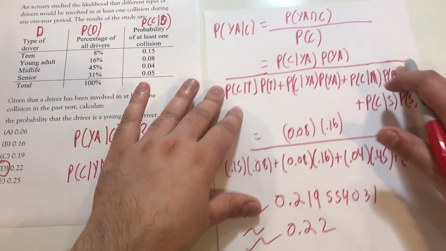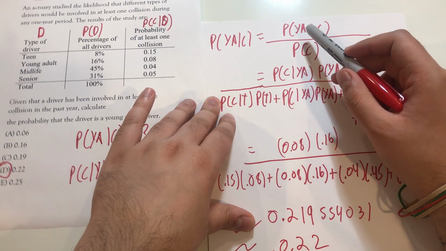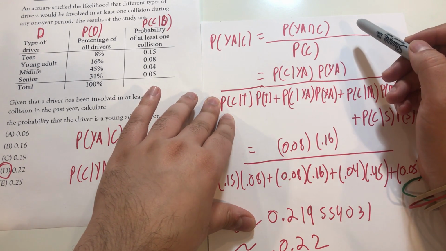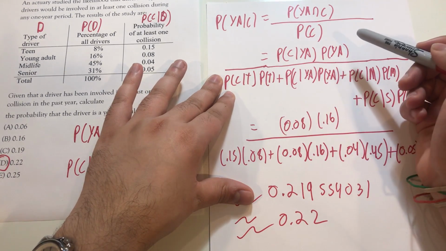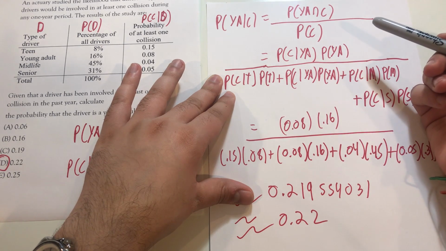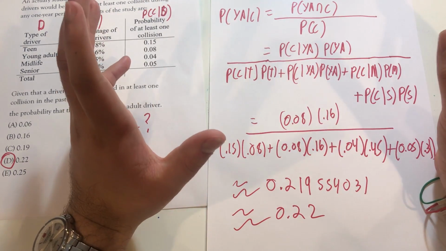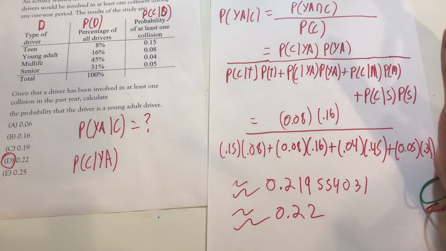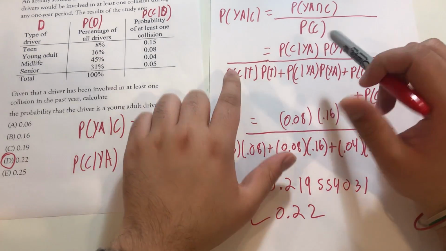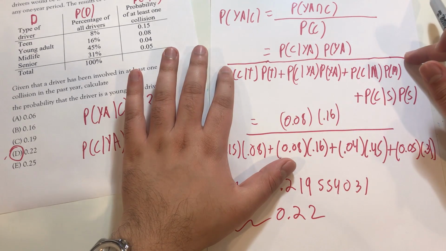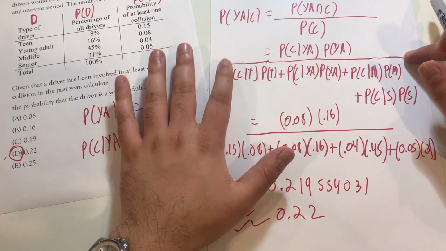Plugging in that formula, figuring out that the probability of young adult and being in a collision is collision given young adult times probability of being young adult. And then the total probability of having a collision would be the sum of all these different values. Okay? And that's pretty much it.